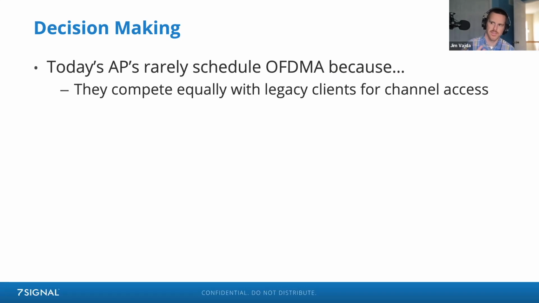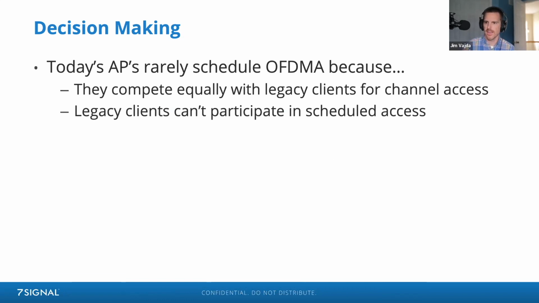So if it's competing with clients on an equal footing, then the possibility of scheduled access is lower. Of course, legacy clients can't participate in scheduled access. So when that decision-making happens, the AP has to factor in, well, maybe only 10% of my associated clients are 11ax. So if I'm going to schedule, I can only do it for 3 or 4 of them. Well, that's just not even worth it, because I'm already in single user mode with these other clients. So forget it for now.